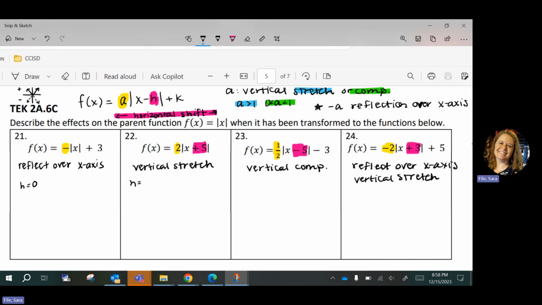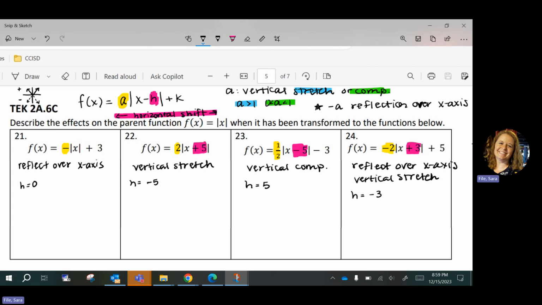Here, H is a -5, because that's what changed it to plus, is minus -5. Here, H is a +5, because the minus is already there from the formula. So it's always the opposite of what's inside.